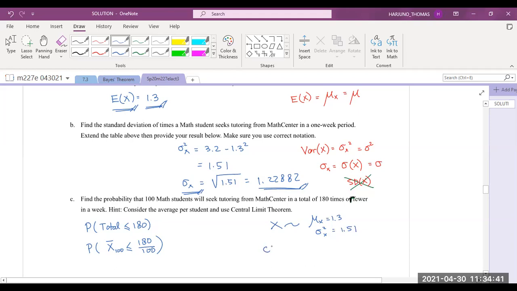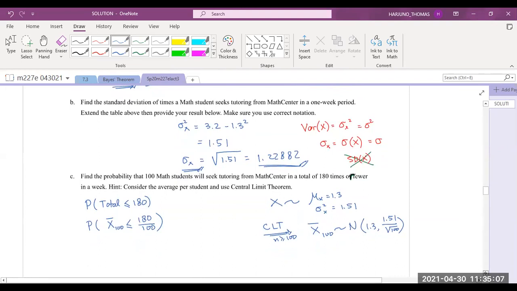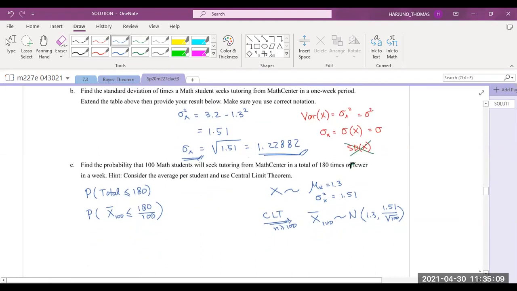But by the central limit theorem, because the sample size is far above 30, the sampling distribution of that 100 will become normal, with the same mean, and variance the original variance divided by the sample size. Okay, so suddenly you can use the central limit theorem, which you could not earlier.